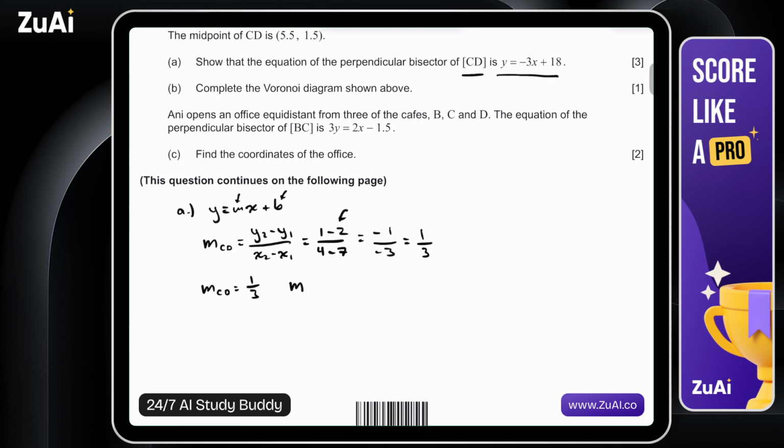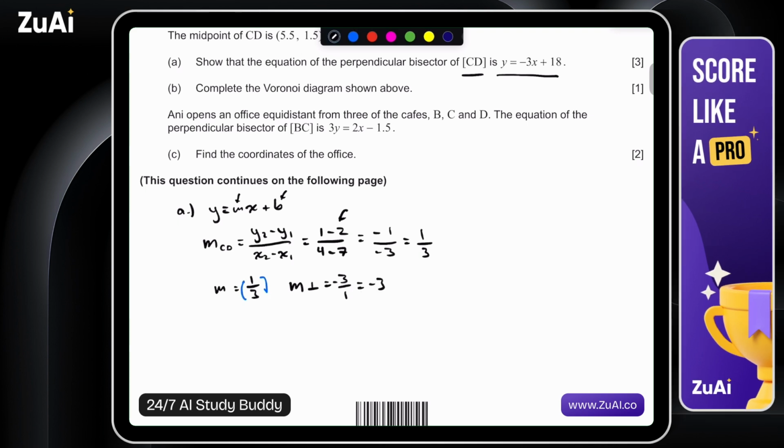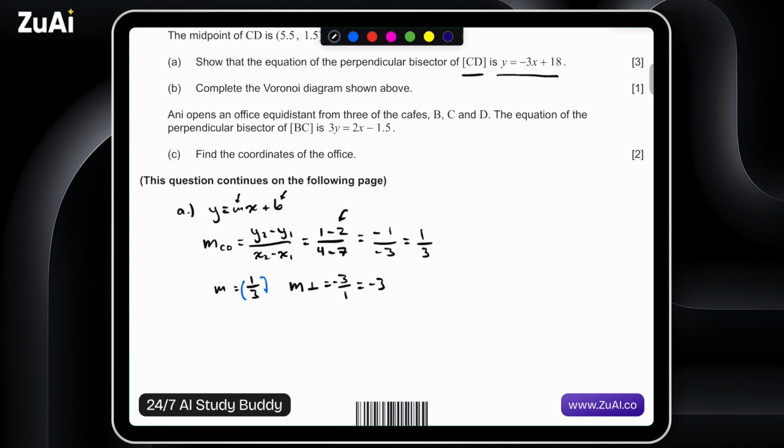So let me simplify this a little. We have some m, and it's equal to 1/3. M perpendicular is of course just going to be the top and the bottom rearranged, 3 over 1, and then multiplied by a negative. And so our perpendicular line has a slope of negative 3.